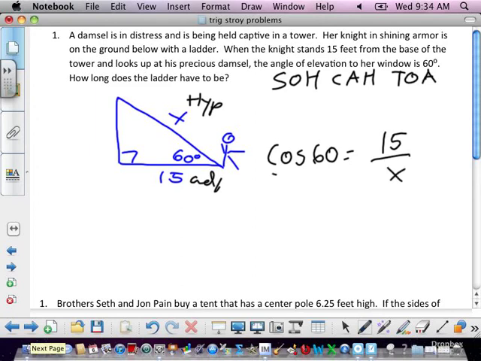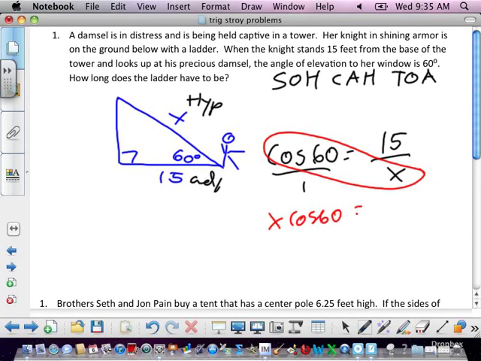X. Okay. And as requested, can we do it the calculator way? So we're going to cross multiply. X cosine 60 equals 15. But how do I get the cosine to the other side? I want x by itself. Divide by cosine 60.